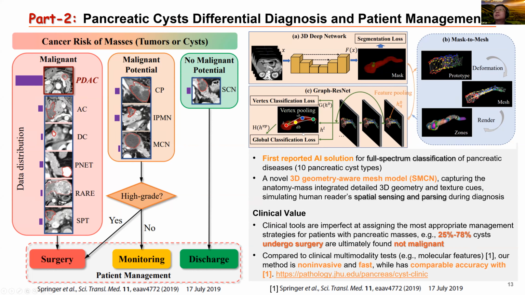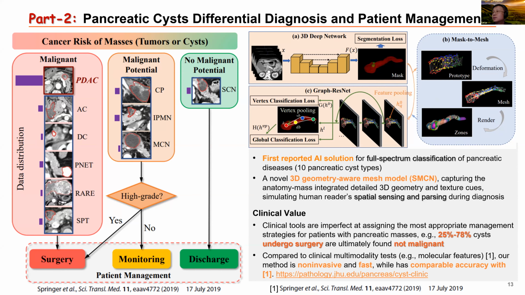So basically, we have a sophisticated imaging protocol, and on the top right is our algorithm. We actually simulate what a human reader will do. We segment the pancreas, we segment the tumor, and we parse the different zones of the pancreas, so we know relatively where the tumor is located, right?